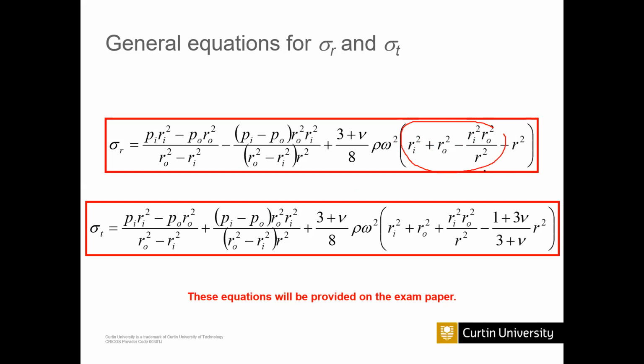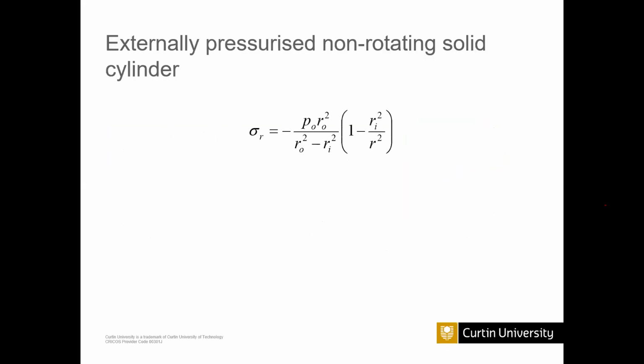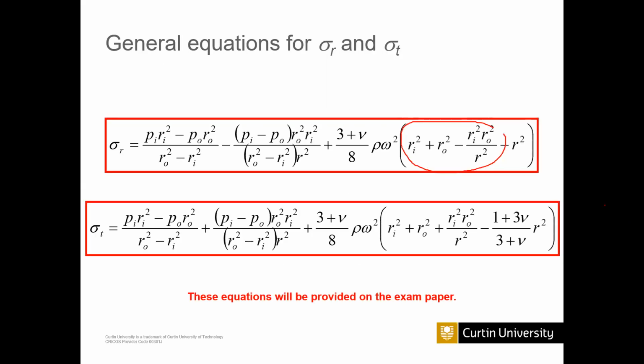If it is an open book exam, maybe you can check your lecture notes. But if it is closed book, the equation will definitely be provided. They will only provide these two equations, not the specific special-case ones.